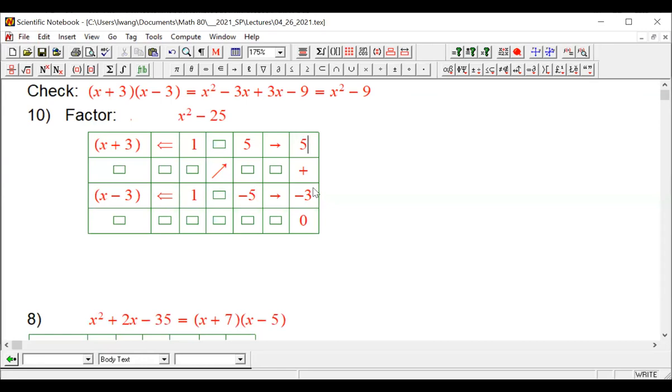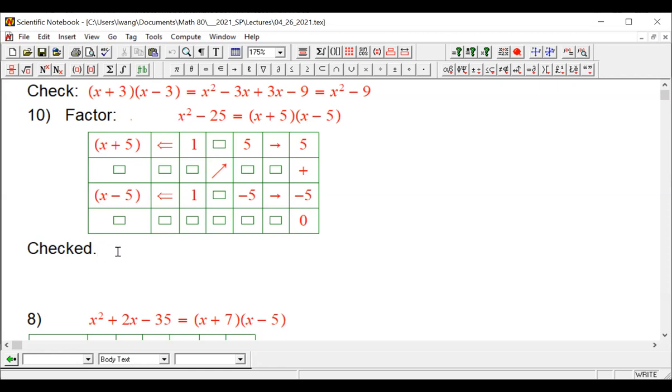So since you guys have done it, I'm going quickly on this track. And the factor will be x plus 5 times x minus 5. I'm just copying Alan's answer right there. And of course, I assume you have checked, right? So I'm going faster on here.